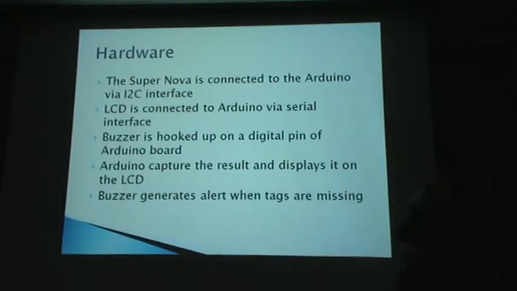As this is just a description of the whole diagram, I'll explain: the Supernova is connected to the Arduino via the I2C interface. That was the biggest challenge we had as far as the coding is concerned, because the Supernova is by default supposed to work with a serial interface, and it turned out that it did not work, and we were very frustrated because it was not working the way it was supposed to.